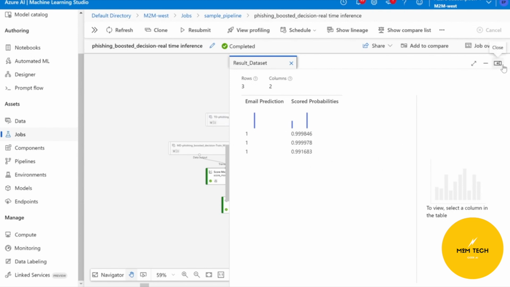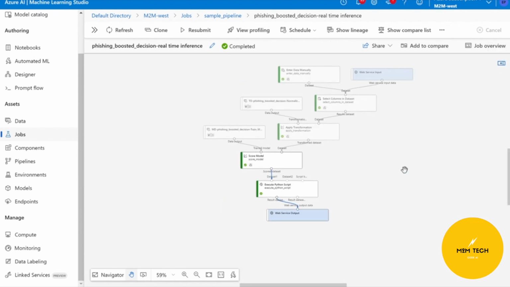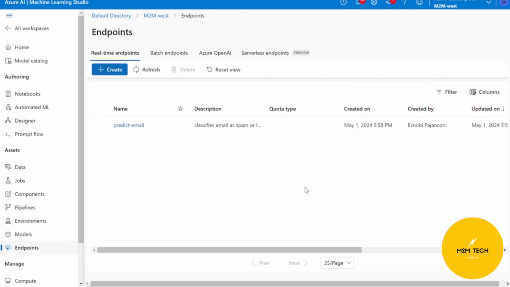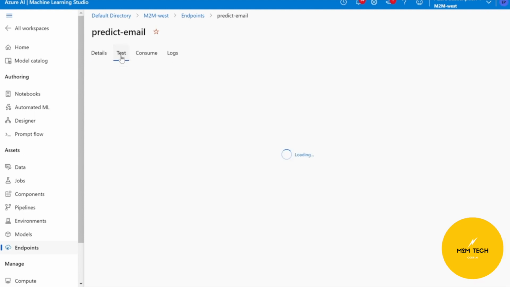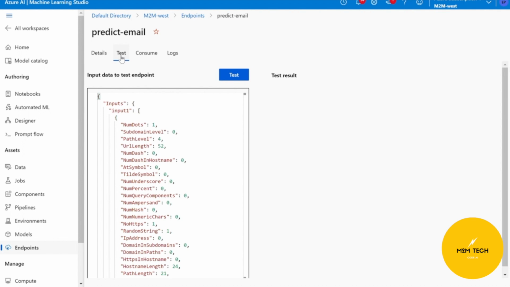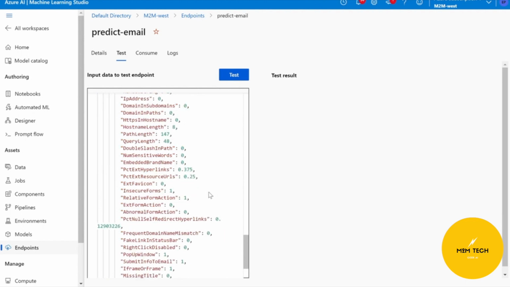Now the only thing left to do is to deploy this, which I have here. To test it, I've already prepared some data to input, which I just have to paste here.